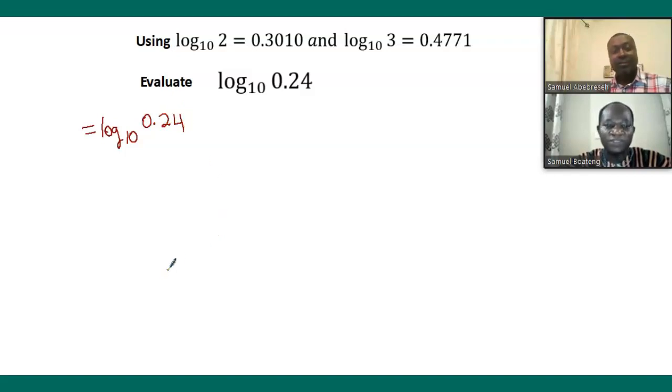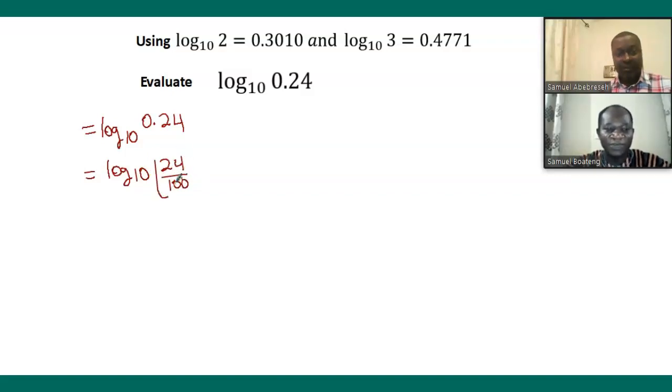That's all. We need to express log 0.24. So we can rewrite log 0.24 as log to the base 10, 24 over 100. Put them in bracket.